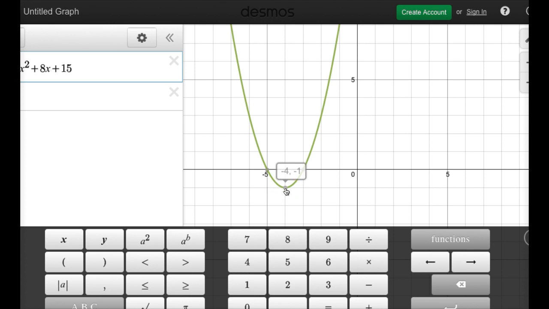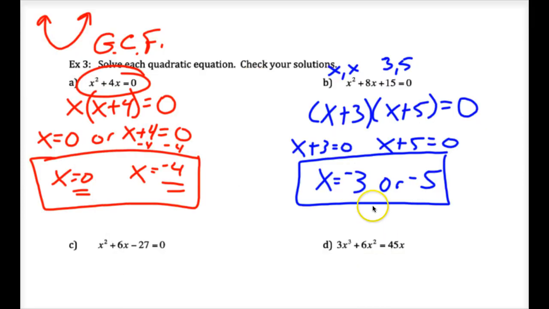Wonder how I can get those numbers out of this equation. So, just checking it, guys. Notice it crosses the x-axis at -3 and -5. Boom! That's what it should have done.